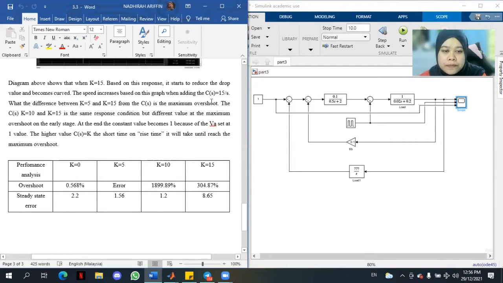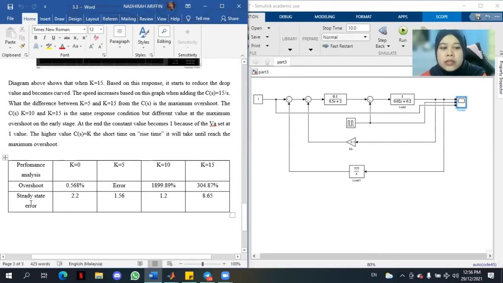Hence, K equal to 10 and K equal to 15 have the same response condition, but different values at the maximum overshoot in the early stage. At the end the value becomes 1 because VA is set at 1, which is here.